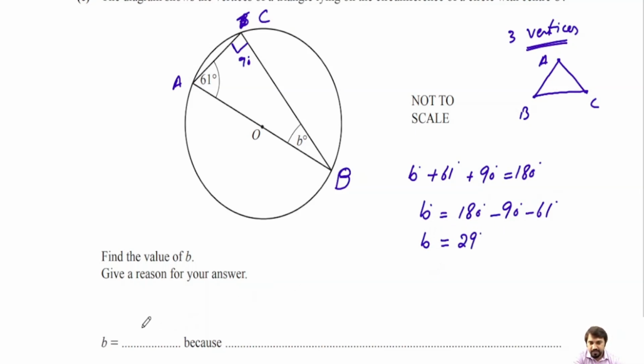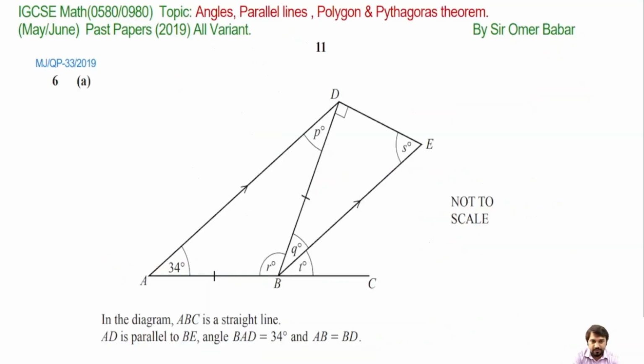And why B is 29 degree? Because angle in a semicircle is 90 degree. That is the reason. Now moving towards our next question.